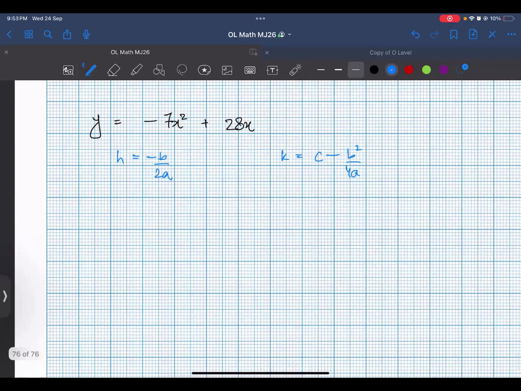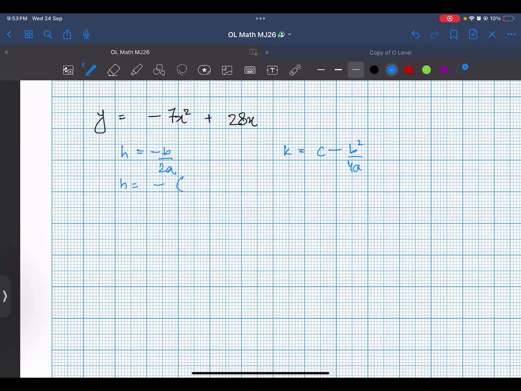So h will be directly minus b, which is your 28, upon 2a, where a is your minus 7. When you simplify, you will get minus 28 divided by minus 14, which will be 2. And then your k, c is 0. You can see there is nothing over here. C is 0 minus b square, 28 square upon 4 times minus 7.